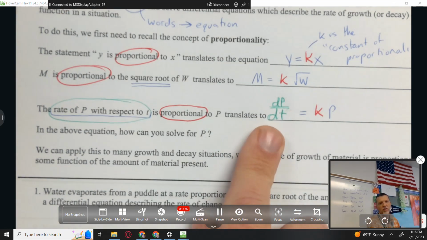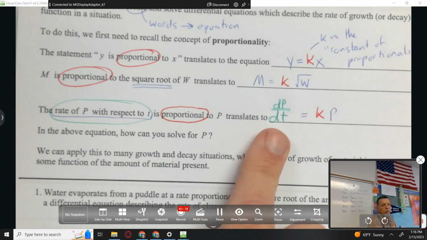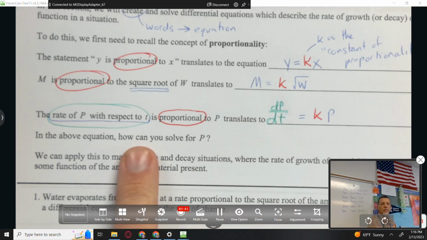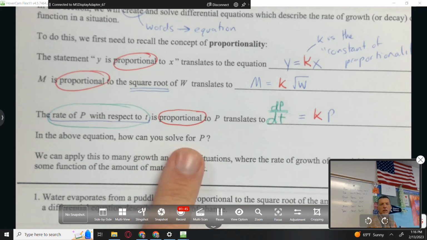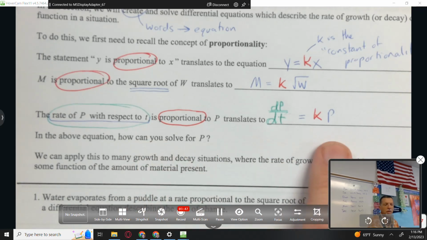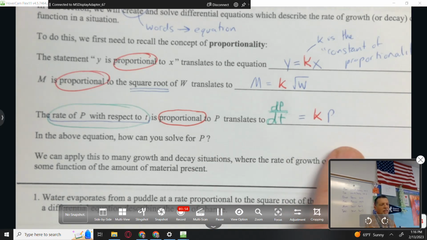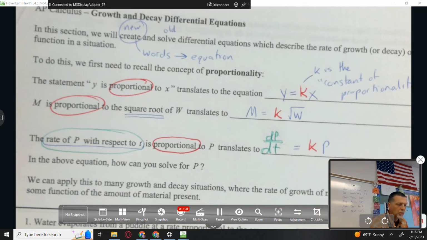So we just wrote a differential equation. Can you solve for p? Yes, and that doesn't mean divide by k to get p by itself. It would mean integrate both sides, and it'd be a little bit more work.